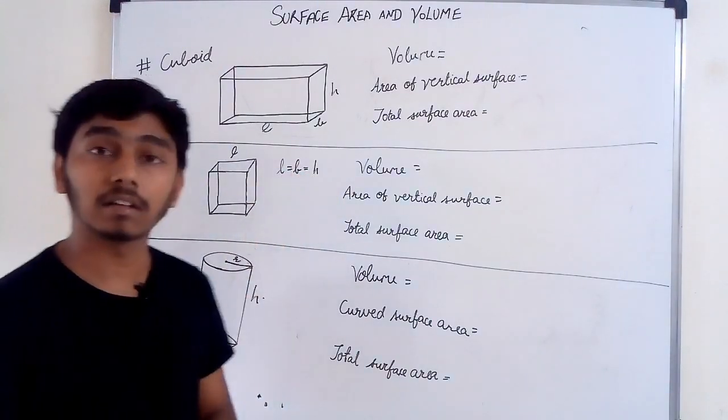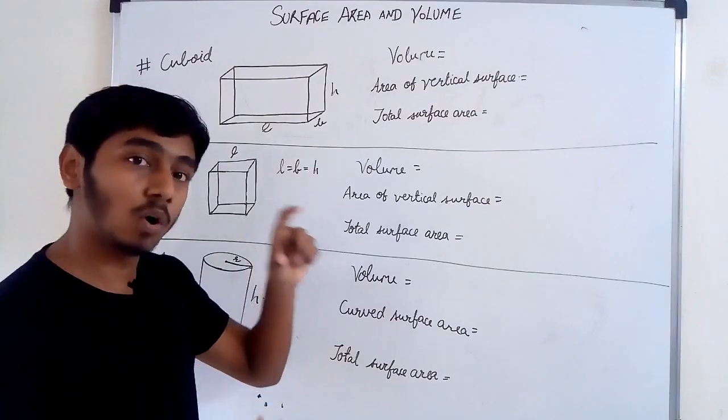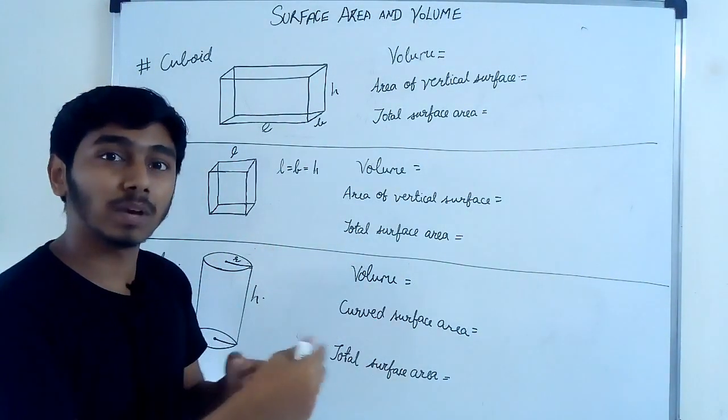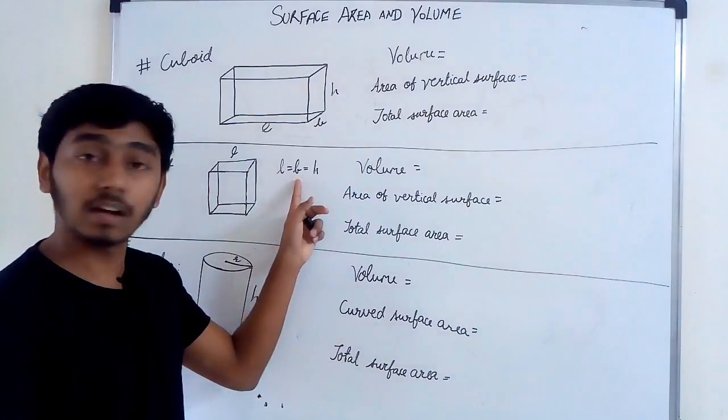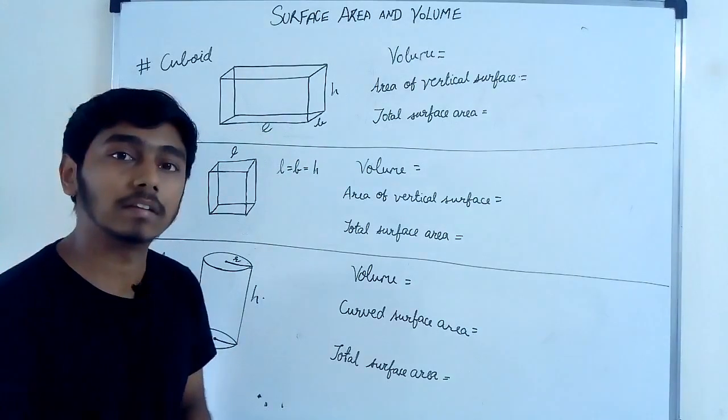Length means how long it is, breadth means how wide it is, in Hindi, lamba, chauda, and height means the height.